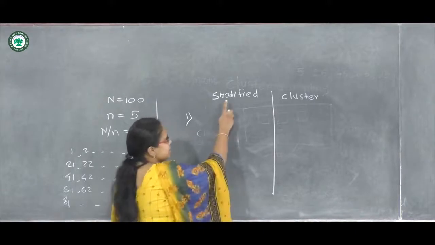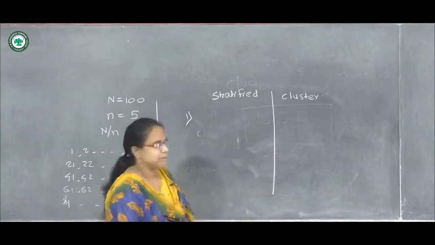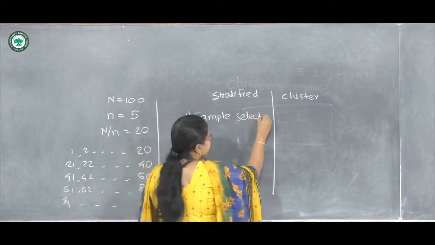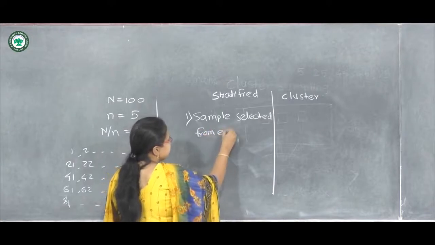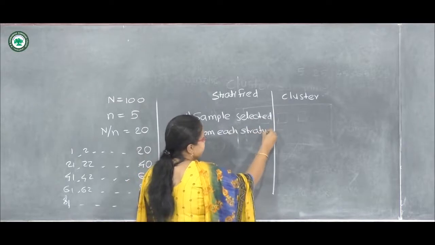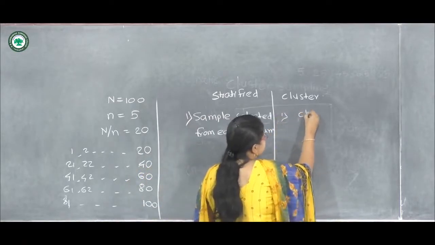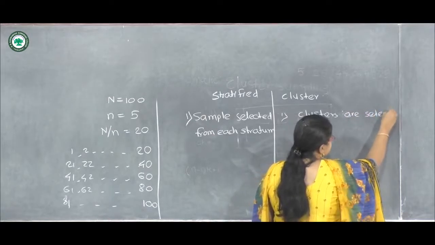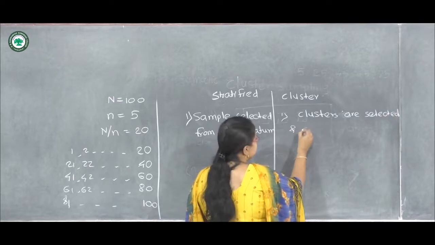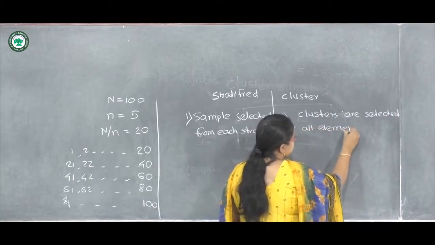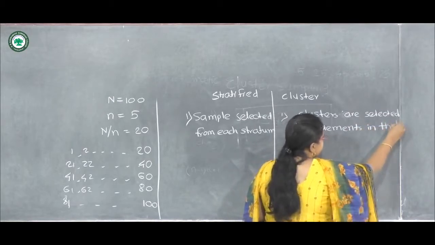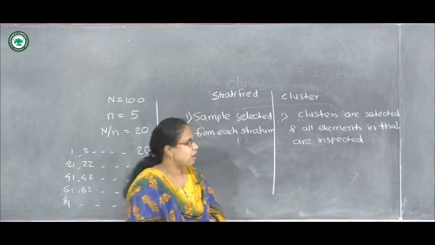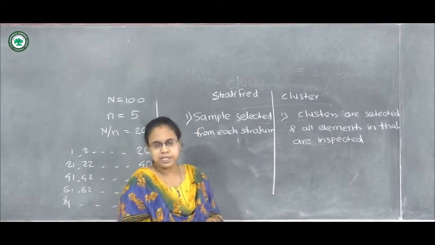So clusters are selected and all elements in that cluster are inspected. This is the first basic difference.